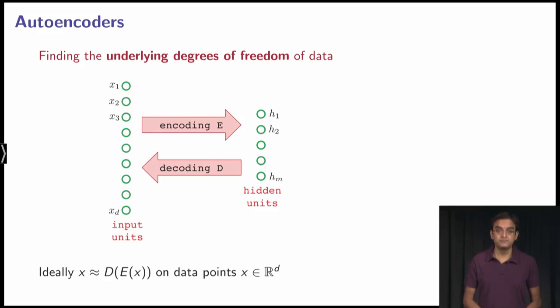Now, ideally, this encoding process would not lose too much of the information in the data. So if we take a data point x and encode it to get its hidden or latent representation, and then we decode that, ideally we'd get back something that's close to the original x.